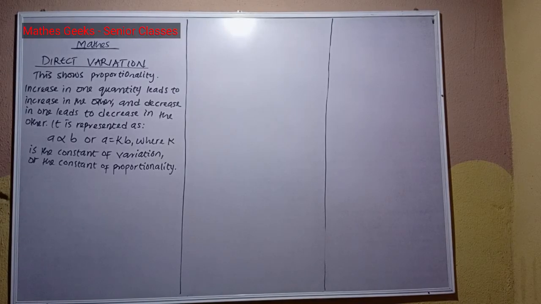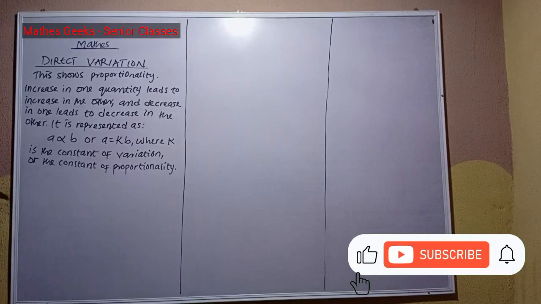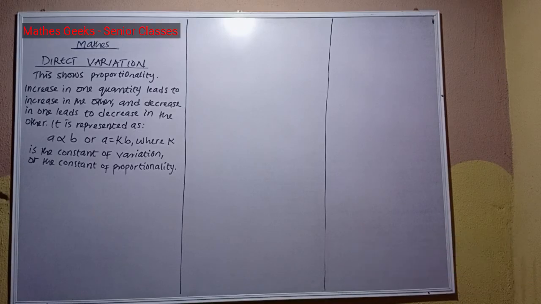In a previous video, we looked at what variation is. Variation was defined as the relationship between two or more quantities, where an increase in one quantity would mean an increase in the other quantity, or maybe a decrease.